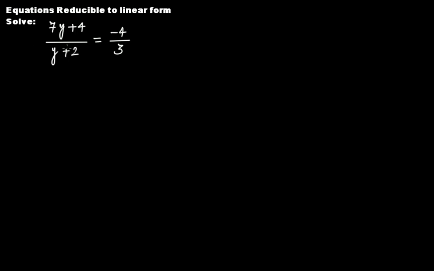Next: (7y plus 4) by (y plus 2) is equal to minus 4 by 3. Again, cross multiply it. So this becomes 3 times (7y plus 4) is equal to minus 4 times (y plus 2).